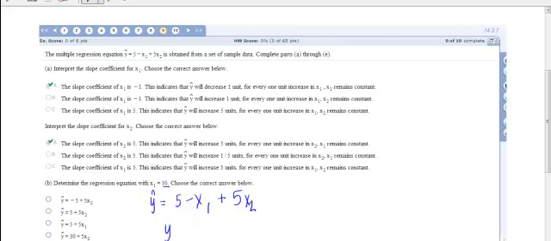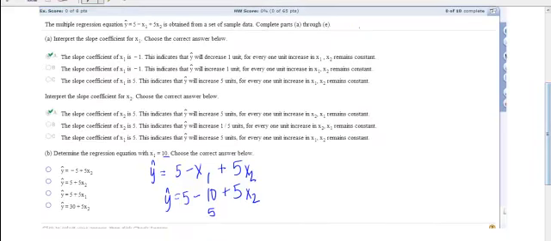So then we have y hat equals 5 minus, and we put the 10 in for x sub 1, plus 5x2. And then we combine our like terms: 5 minus 10 is -5.